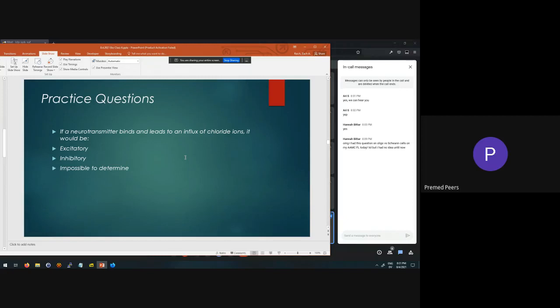If a neurotransmitter binds to that postsynaptic neuron and we have an influx of chloride ions, would that be excitatory or inhibitory? Inhibitory, yes, because chloride is a negative ion.